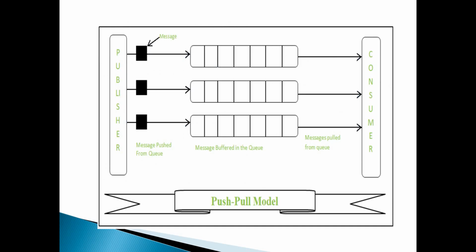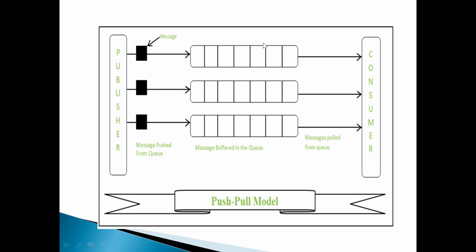This is the push and pull model architecture. Here the publisher publishes the information to the queue. The messages are buffered in that particular queue.